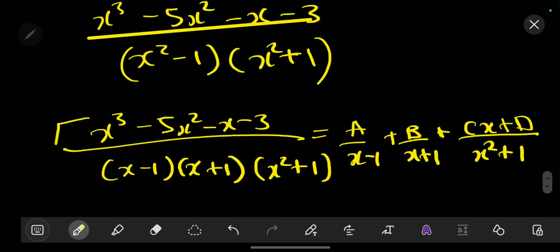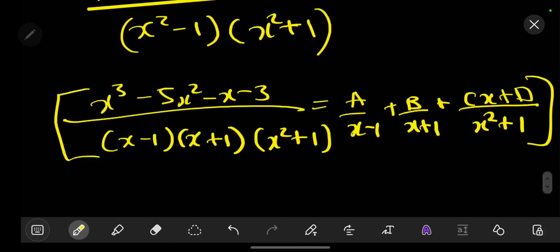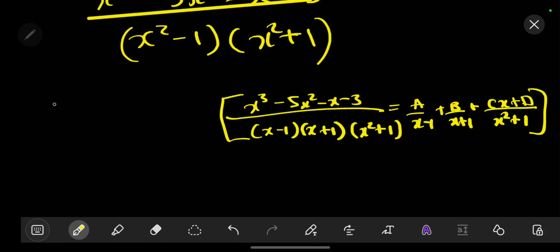From here, what you are going to do is multiply this throughout. Multiplying this throughout, you multiply the denominator, which is x minus 1 times x plus 1, then times x squared plus 1.